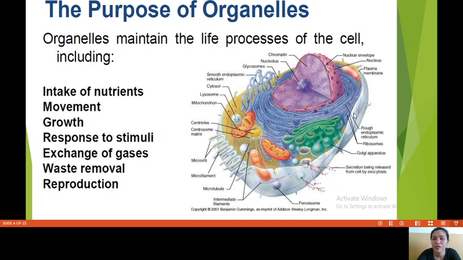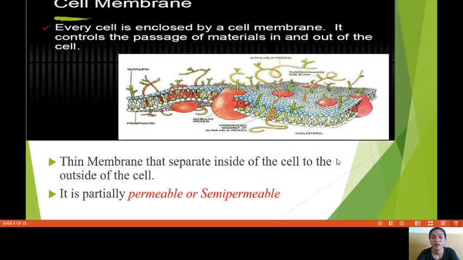So the cell membrane is the one that's separating them. It is semi or partially permeable, meaning it is not allowing every nutrient to go inside or outside. They only select. So that's how your cell membrane works.